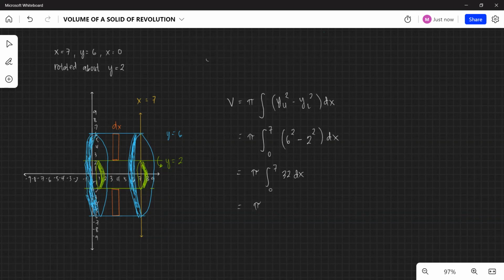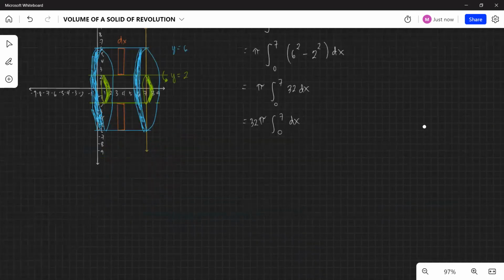The integral of a constant dx is the constant times x, evaluated from 0 to 7.